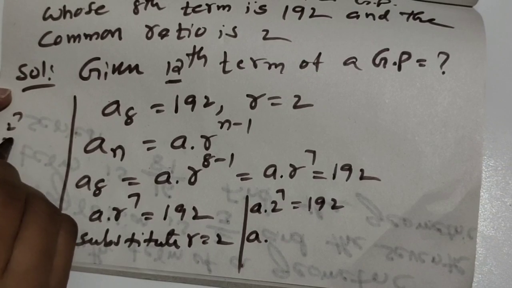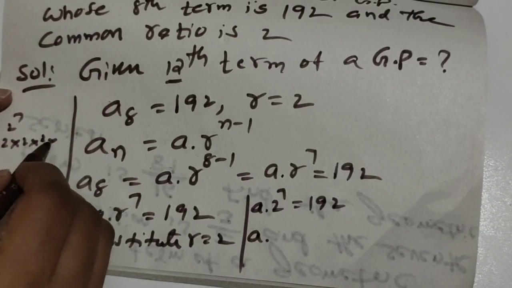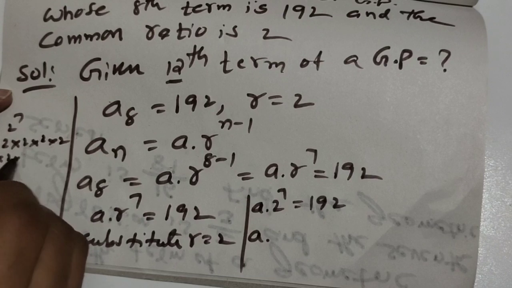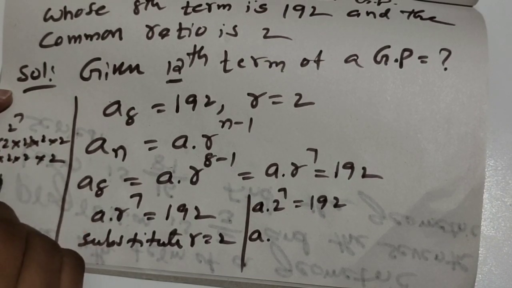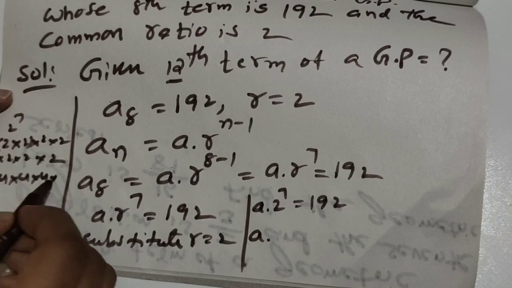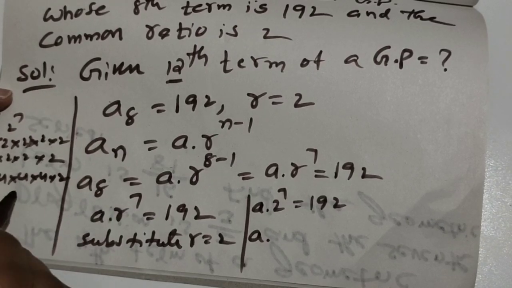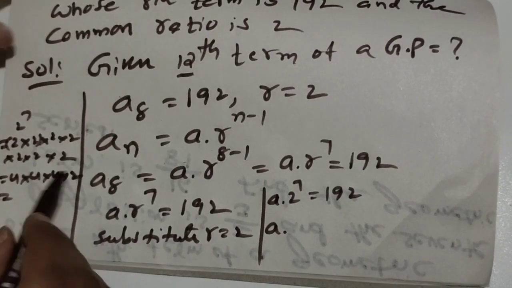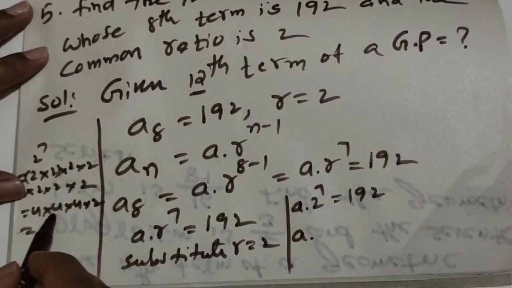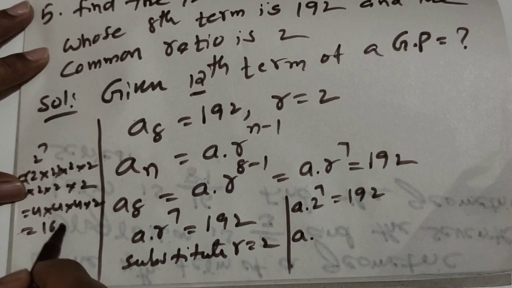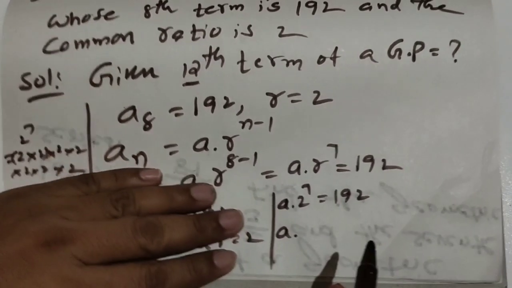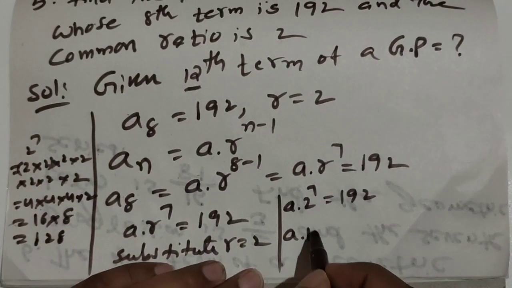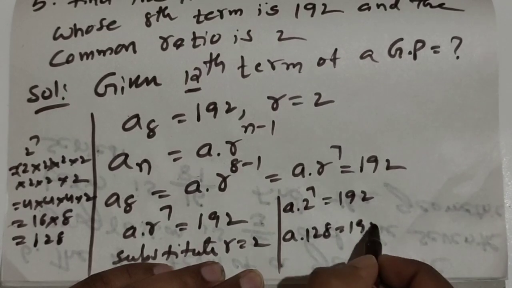Simply we have to multiply 2 seven times. 2 into 2, 2 into 2, 2 into 2 into 2. 4 into 4 into 4 into 2. Simply we can get 4 for the 16, 16 into 8, 128. Okay, so we can get it as A into 128 is equal to 192.